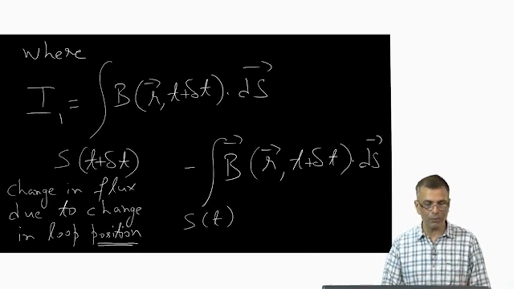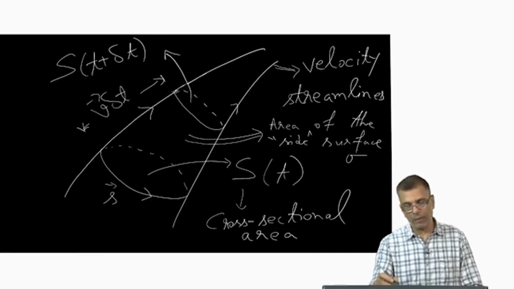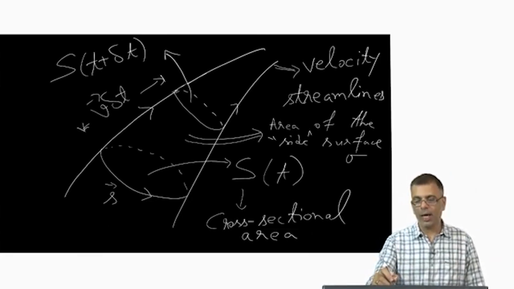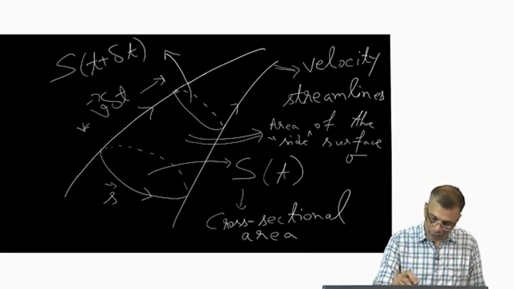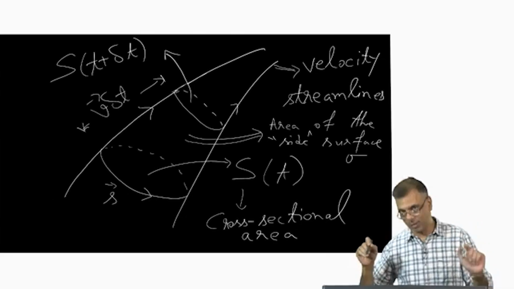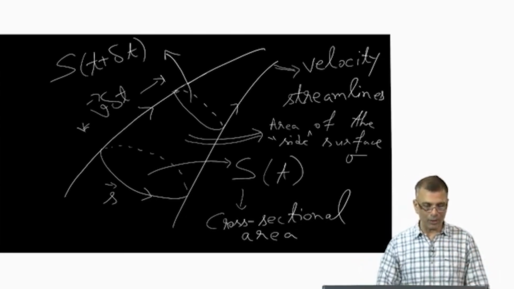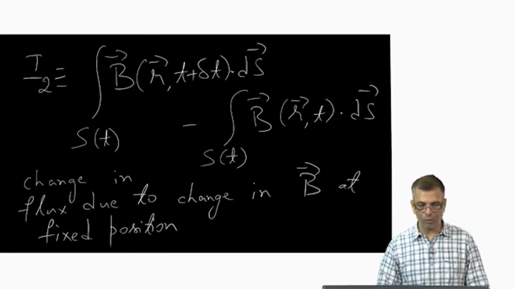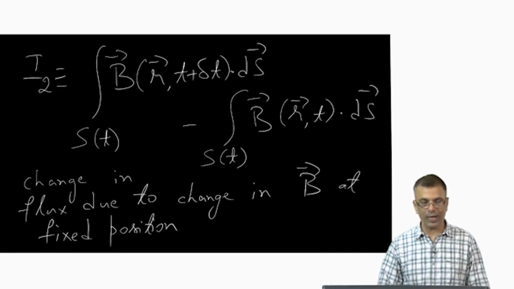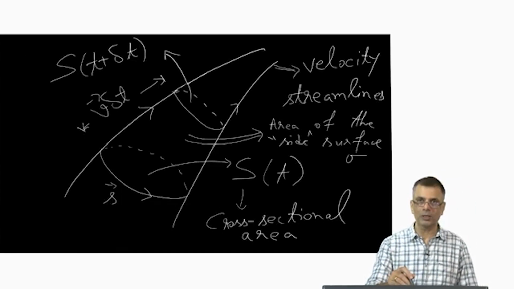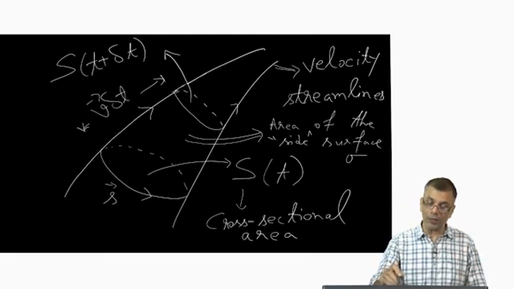I am using the same magnetic field for this cross section area, although technically that is not correct, but we will see that it all cancels out. For I2, I am keeping the loop position fixed at S of t. In other words, I am not changing the loop, but I know that the magnetic field has changed.